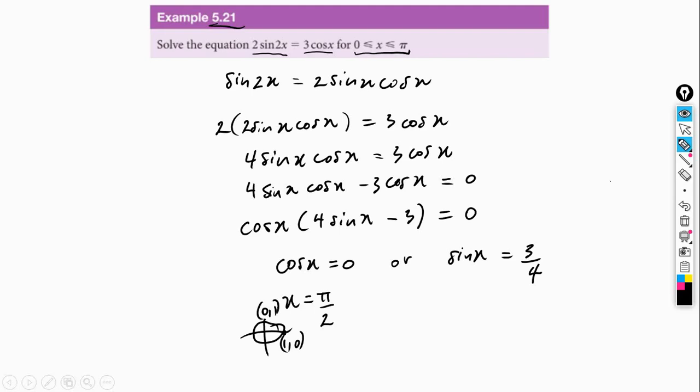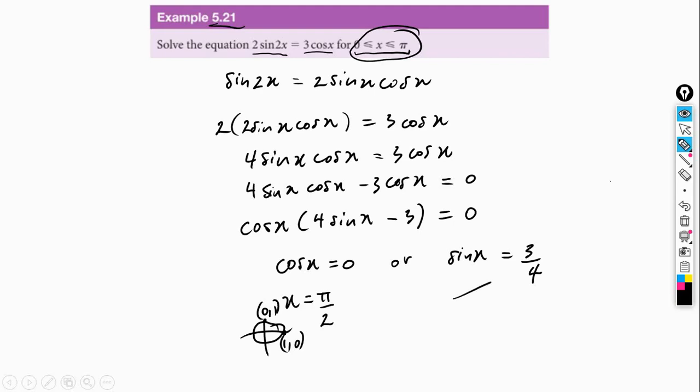So for this coordinate at pi halves, cosine is equal to 0. So this would be the solution for cosine of x is equal to 0 in that interval, for x between 0 and pi, including 0 and pi.